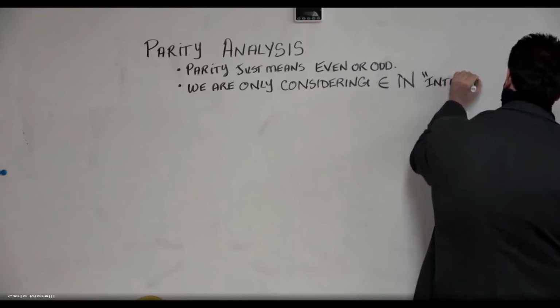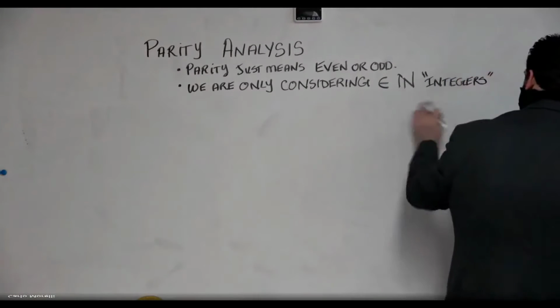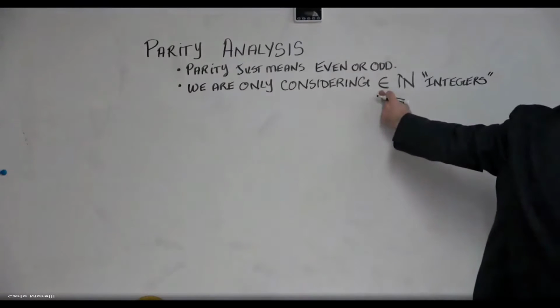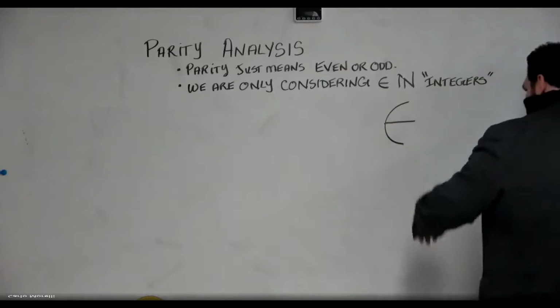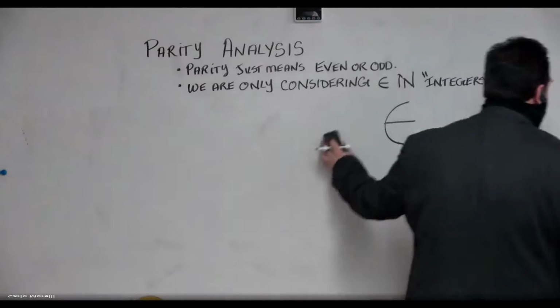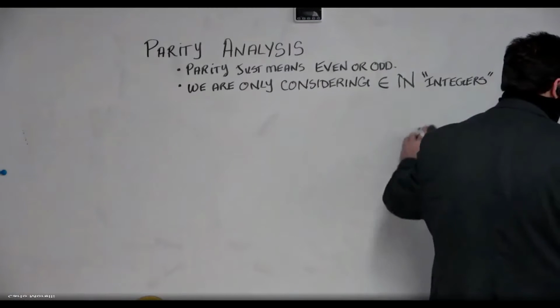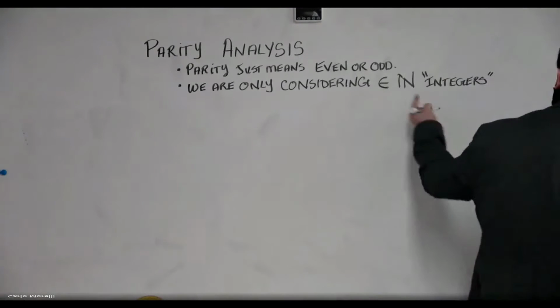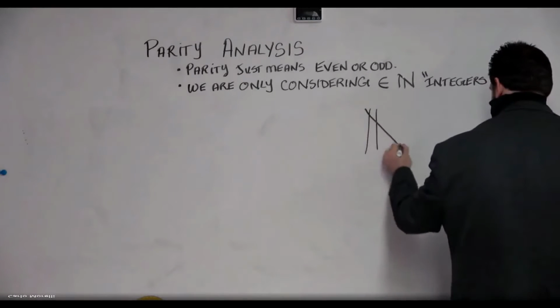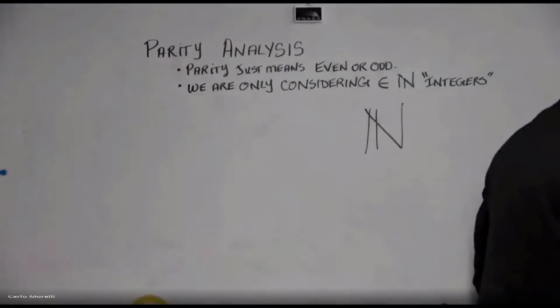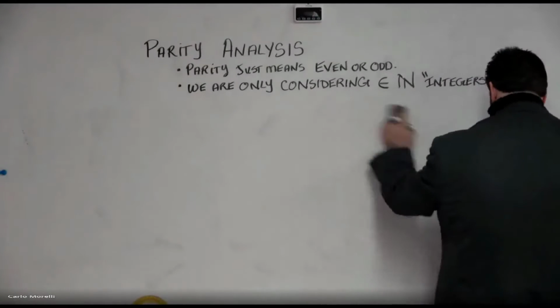And we'll go over what that means. So this little E symbol, this is how you draw this. That means is in, or is an element of. And this symbol, this weird looking in, here's how you draw it. This means integers, okay? Integers.